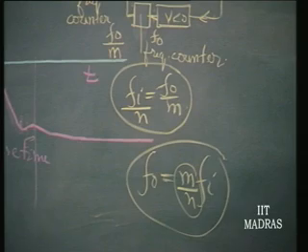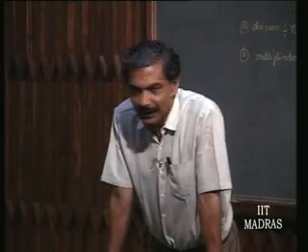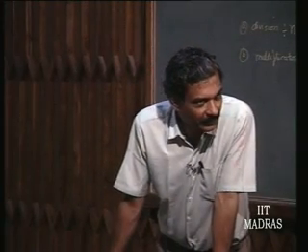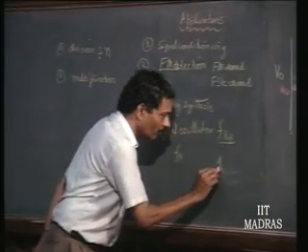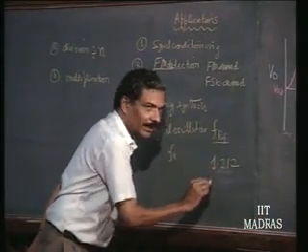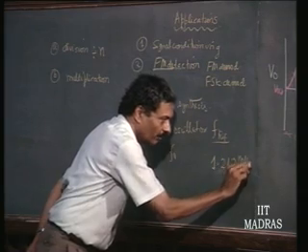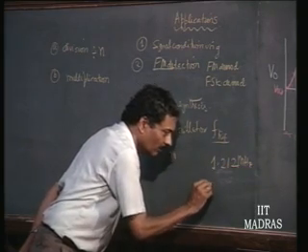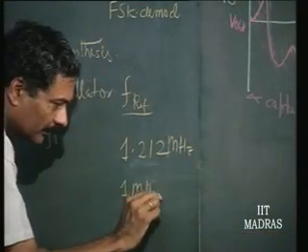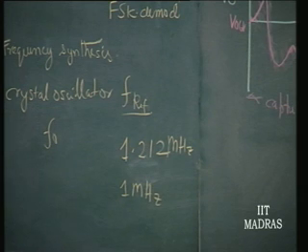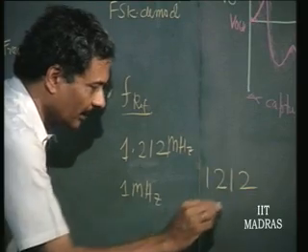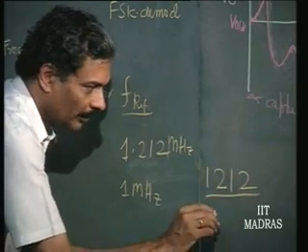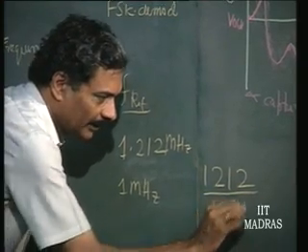Let us say you want to generate 1.212 megahertz from an input which is 1 megahertz. Theoretically speaking, this can be done by multiplying by 1212 and dividing by 1000.